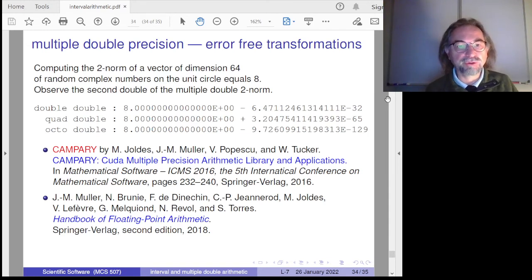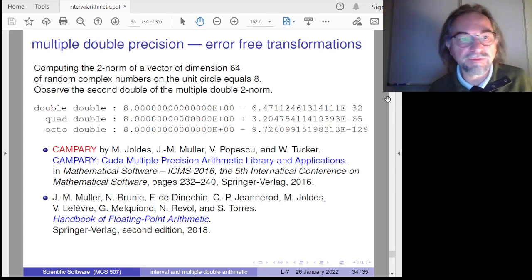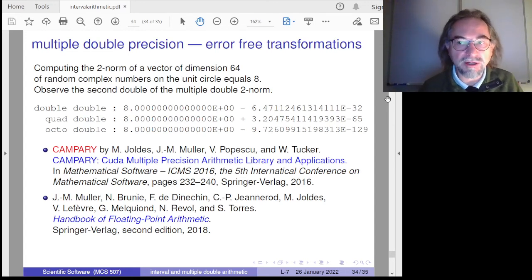So we have computed the number 8 with 32, 64, or 128 decimal places. Okay, so there is double, quad double, but there are many doubles, as many doubles as you like, if you are using the software provided by the CAMPARY library.